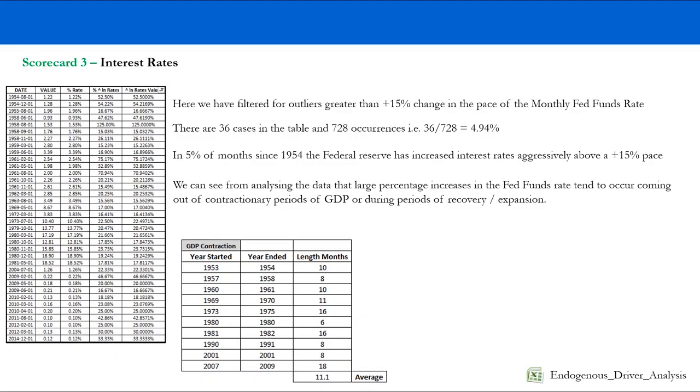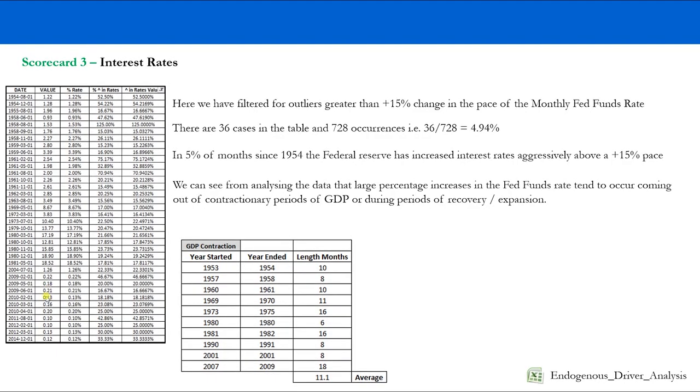And then when we enter periods of expansion, there seems to be a high correlation with the Fed starting to increase rates at a rapid pace. So the deduction here really is to leave a question mark over the Fed's policy with interest rates, in that in contractionary periods, they tend to overshoot, and they tend to have to correct interest rates coming out of those contractionary periods when entering expansion.